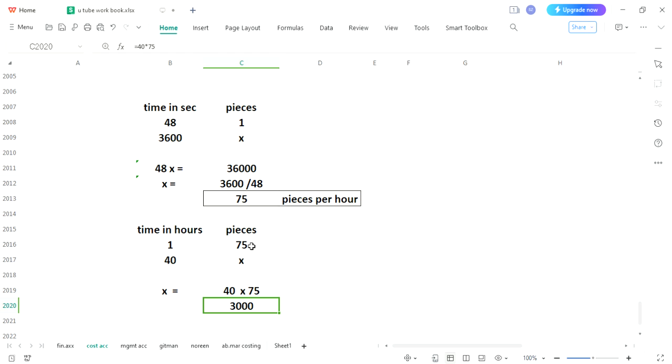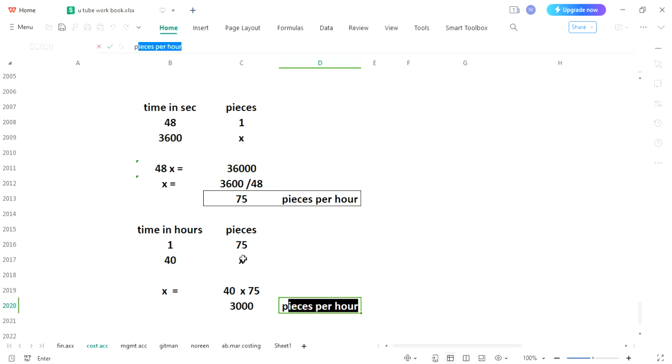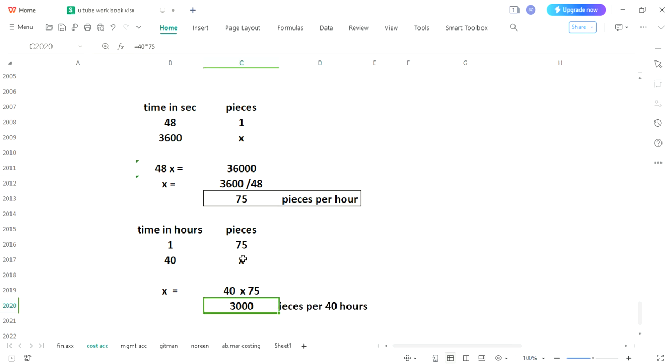So in this way what we have calculated is, in 1 hour 75 pieces were made, so how many pieces? We have calculated pieces, but these pieces are per 40 hours. So in this way the second calculation has been made, and we need to put it like here.